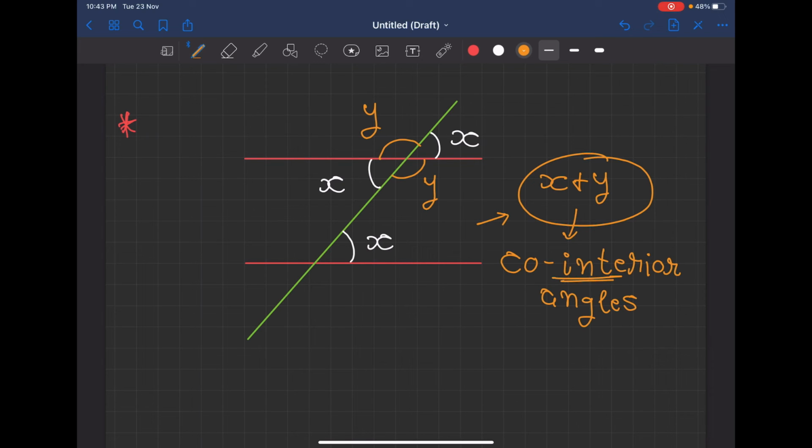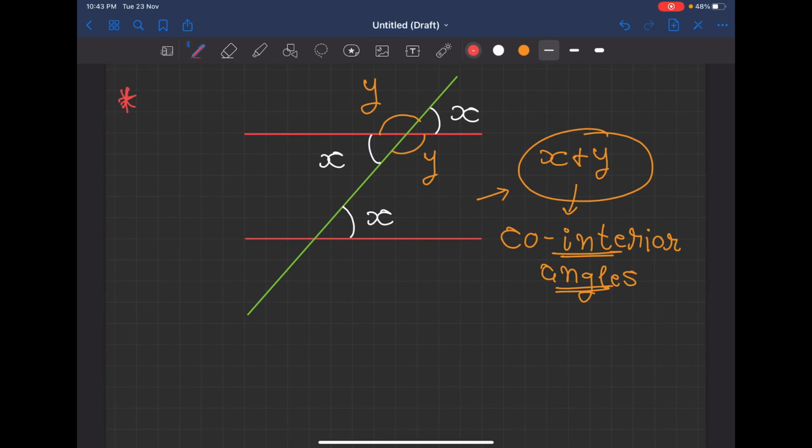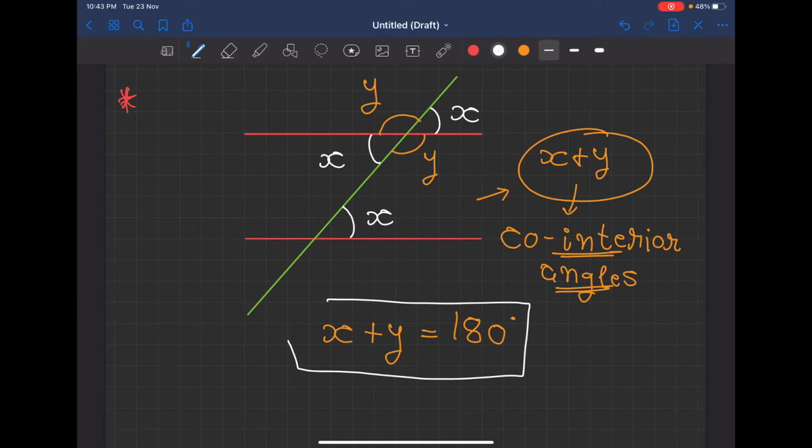So the property states that the sum of co-interior angles will be equal to 180 degrees. Remember this rule, guys, very important once again. So this states that X plus Y equals 180 degrees. Please remember this rule, guys.